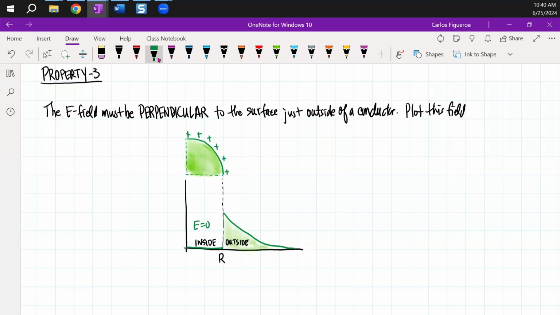The field on the outside, of course, goes as q divided by 4 pi epsilon r squared. So I know what the electric field looks like right here.